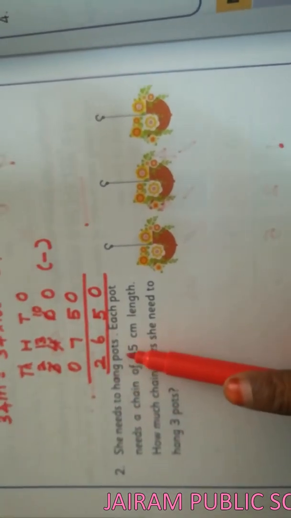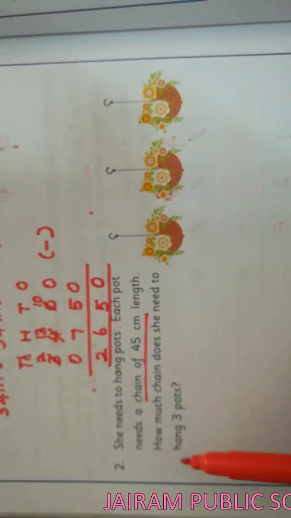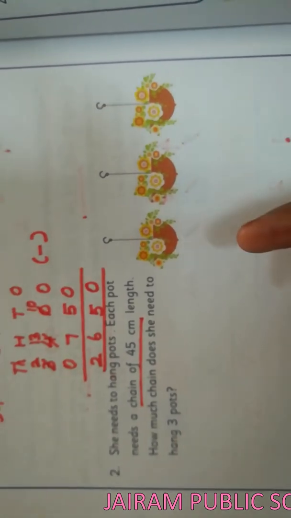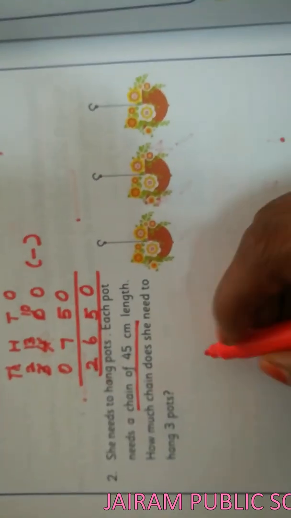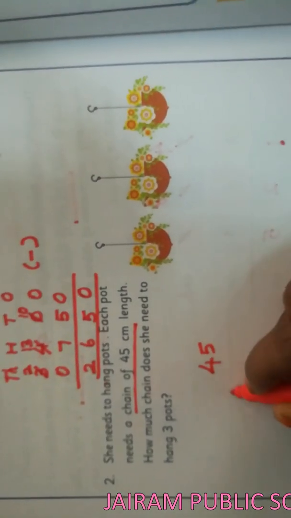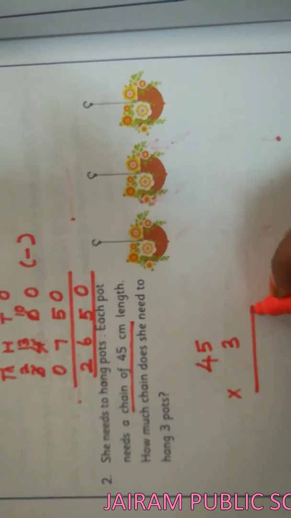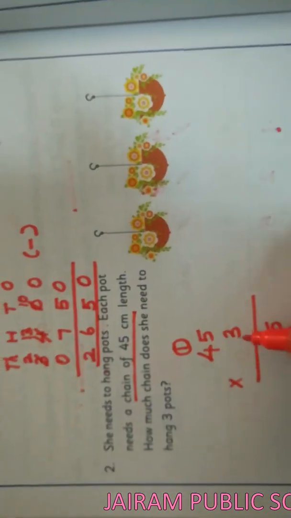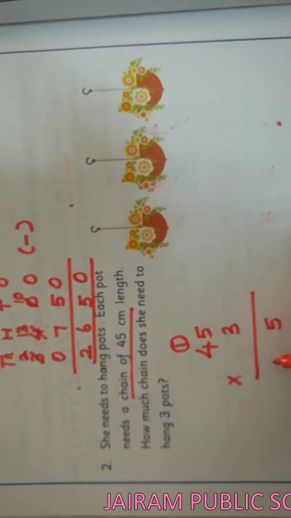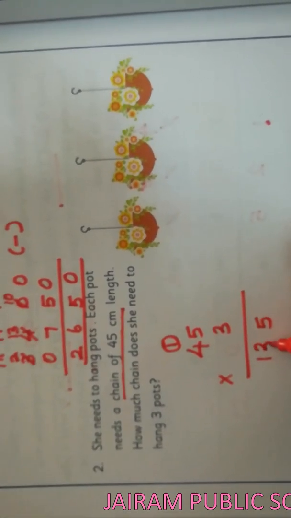Next, second question. She needs to hang pots. Each pot needs a chain of 45 centimeter length. How much chain does she need to hang 3 pots? For that we have to multiply the given numbers, so 45 multiplied by 3. 5 3s are 15, carry over the balance to the tens place. 4 3s are 12, 12 plus 1 will be 13.